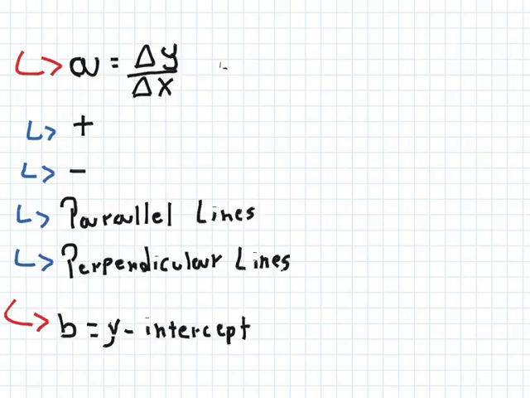So basically that would be the idea: y2 minus y1 over x2 minus x1 equals a.